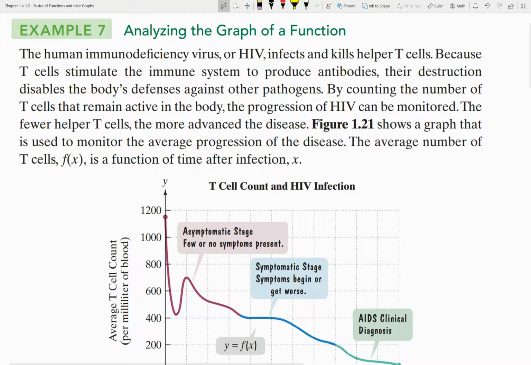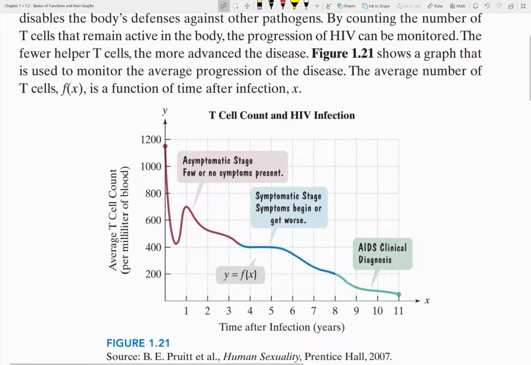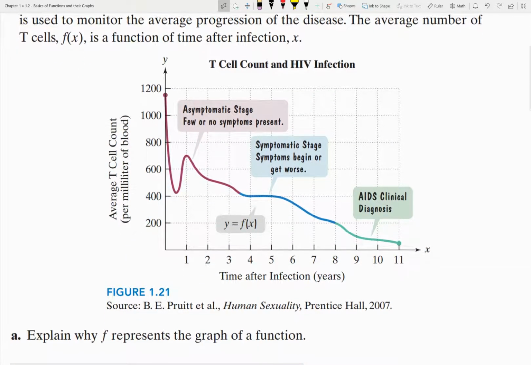All right, so the human immunodeficiency virus, or HIV, infects and kills helper T cells. Because T cells stimulate the immune system to produce antibodies, the destruction disables the body's defenses against other pathogens. By counting the number of T cells that remain active in the body, the progression of HIV can be monitored, and the figure shows the graph that is used to monitor the average person's progression in the disease.